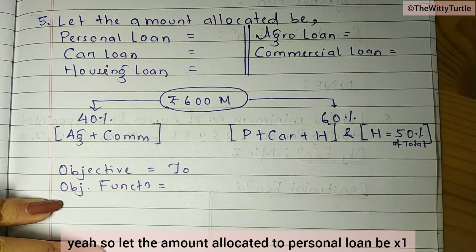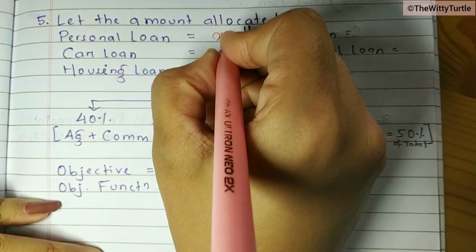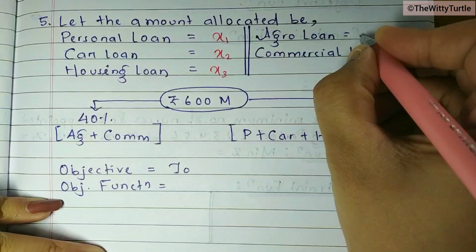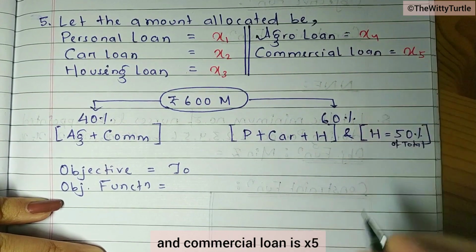So let the amount allocated to personal loan be x1, car loan be x2, housing loan be x3, agricultural loan be x4 and commercial loan be x5, right?